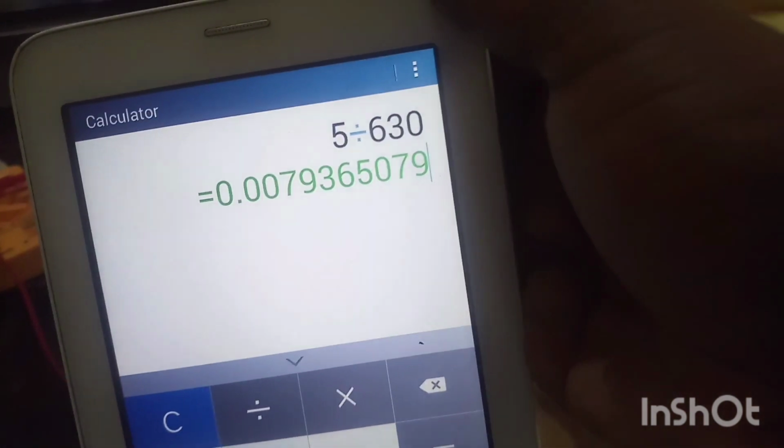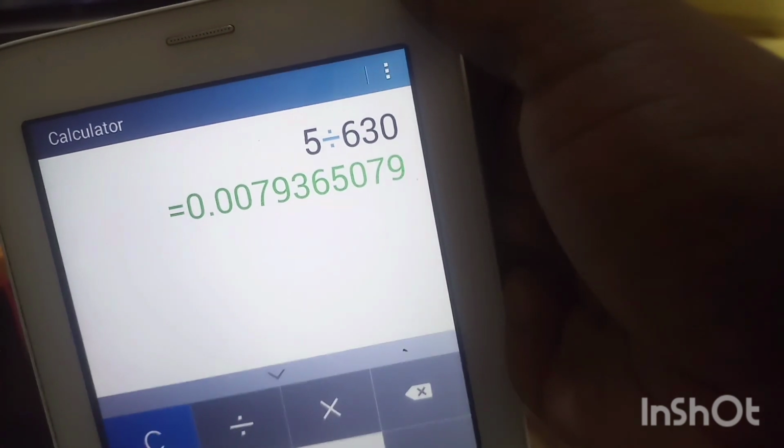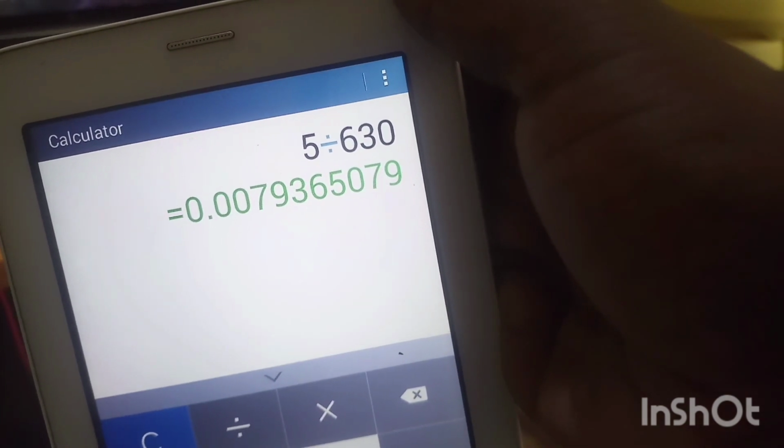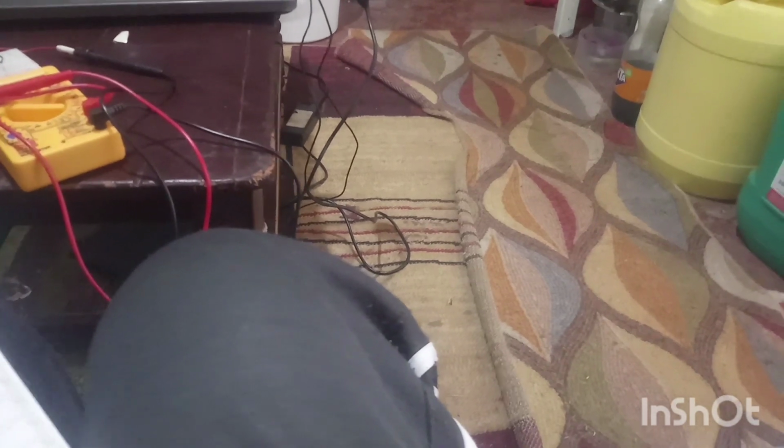Now this one you have to turn from amps to milliamps. You have to multiply this times 1000. Let's do that. This means what are we calculating?